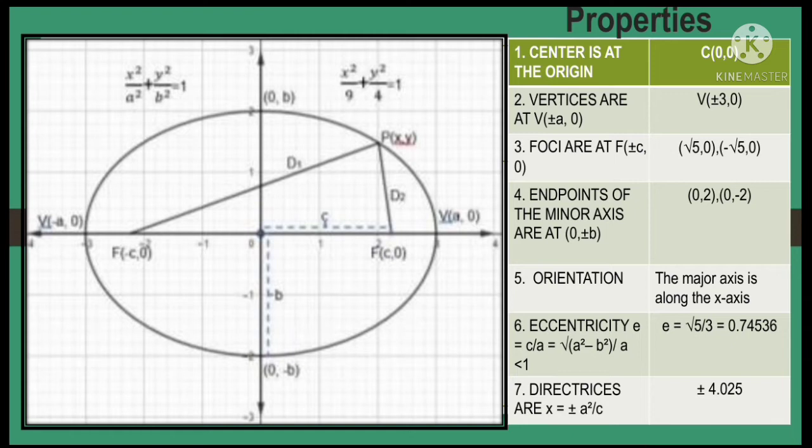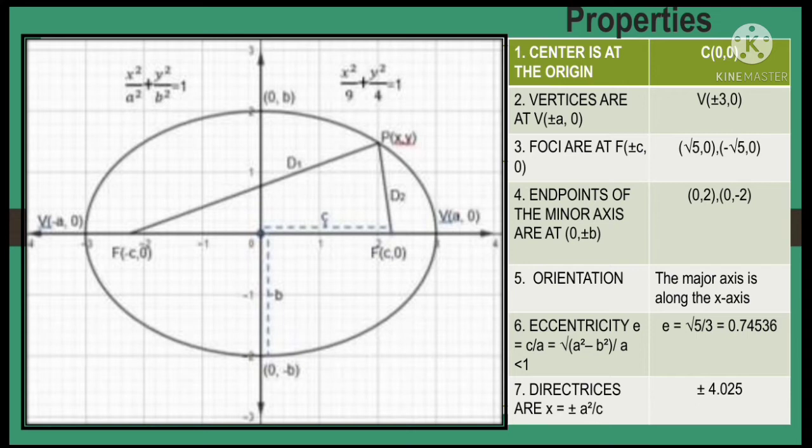The vertices are at (±a, 0), where the value is (±3, 0). As you observe, we have a squared as our denominator, which in the given example is 9. If we find the square root of 9, we have 3 as the value. So we have (±3, 0).